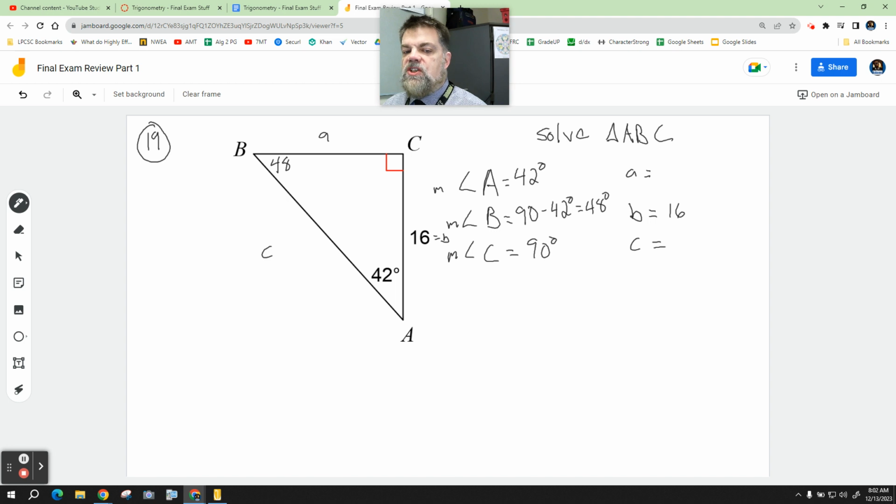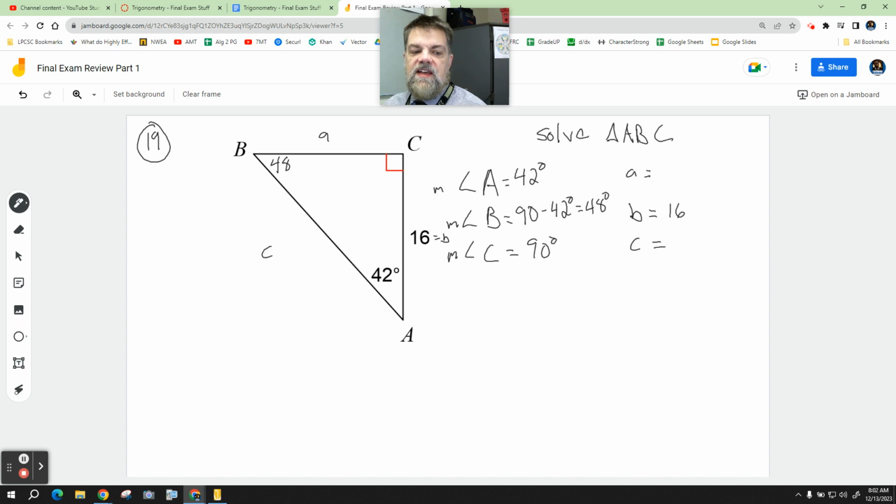Now b is actually adjacent to the angle 42. Now I like to use the given information because if I made a mathematical error, let's say I accidentally put 58 degrees in for angle B, or 38, when I start to plug this stuff in the calculator, I'm going to plug in an error. So I always like to go with the stuff that's given to me.